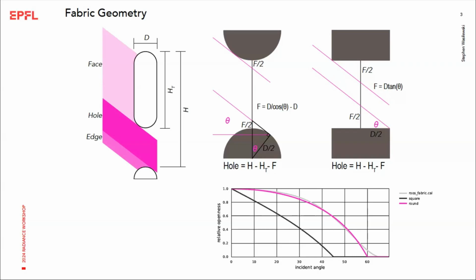So that was the starting point. It was like, okay, we can calculate this by assuming a rounded edge to the thread, which seems like a reasonable assumption, and then it's just figuring out what these critical dimensions are, and then we can go from an entirely geometric approach to get the optical properties.